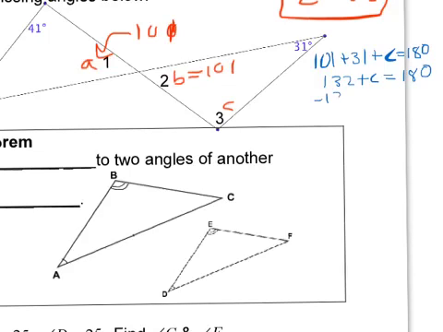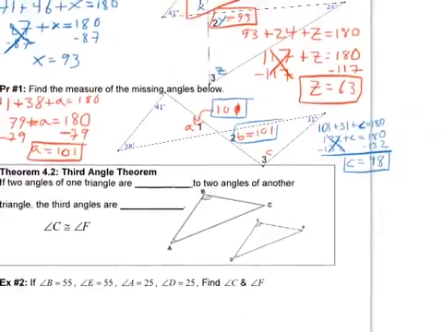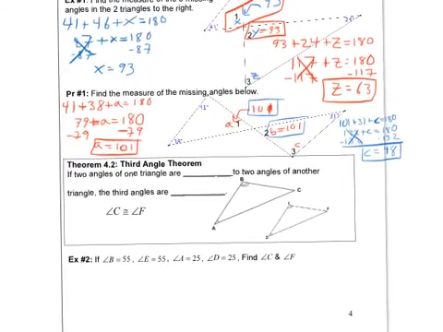We'll subtract 132 from both sides. These cancel out. We're left with C equals 180 minus 132, which is 48. Yeah, 48. So we got C, we got B, and we got A. There we go. Hopefully that's what you got.